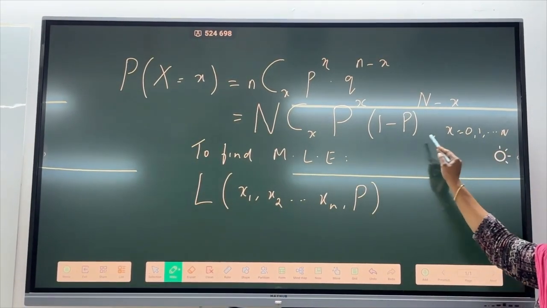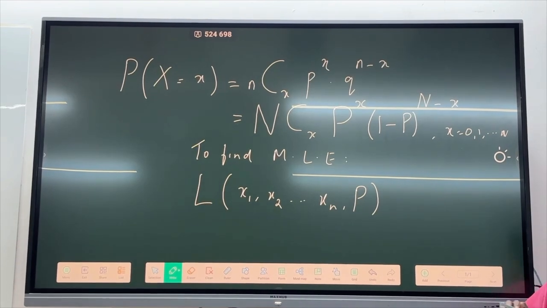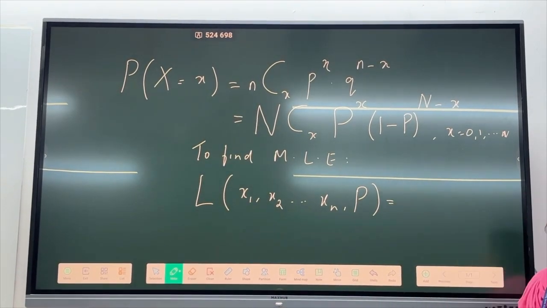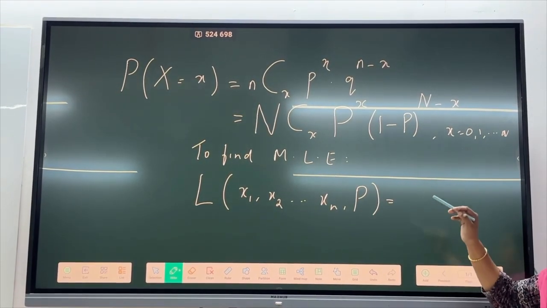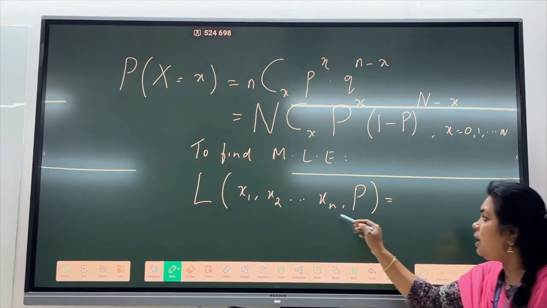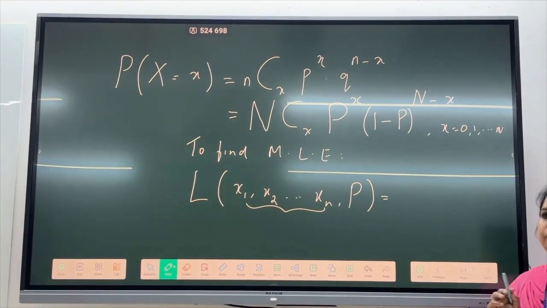Because your parameter is capital P. It is equal to, we are going to write for n number of terms.